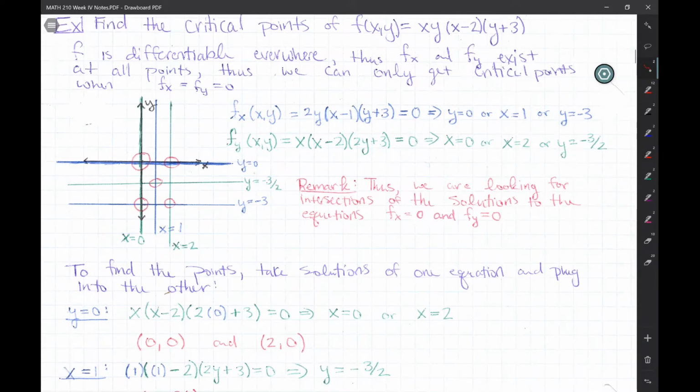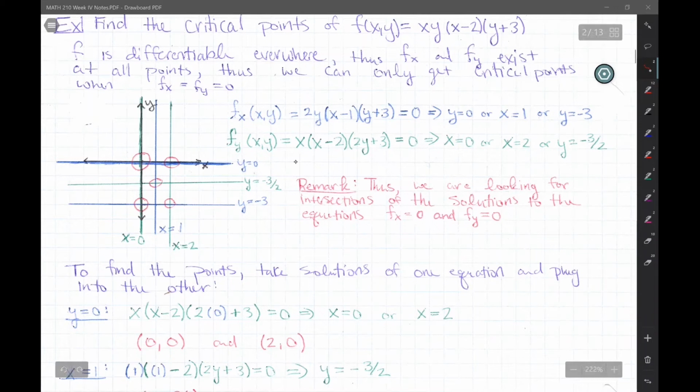Now, we got very simple lines, but in principle, this could have been much more complicated. I mean, we could have gotten all sorts of curves and different geometrical shapes, but this is a very simple example, and we only get straight lines where the partial derivative with respect to x equals 0.